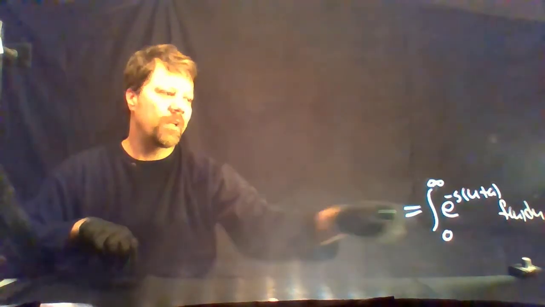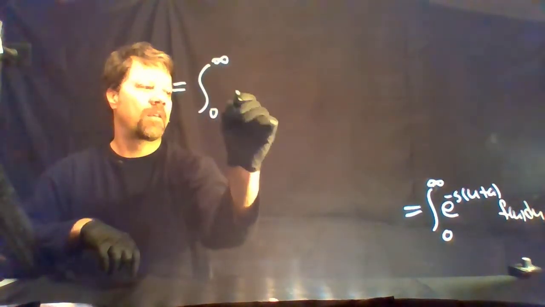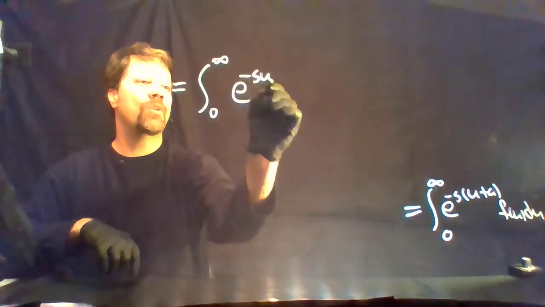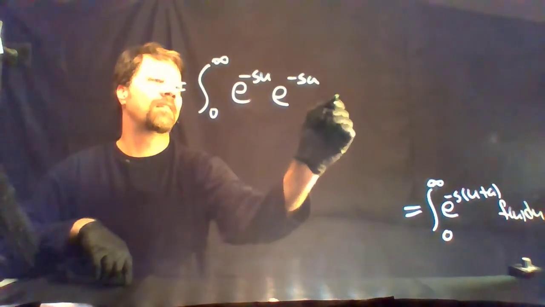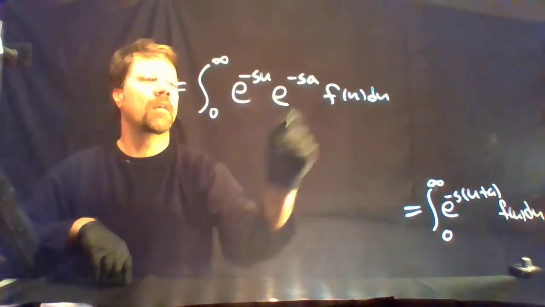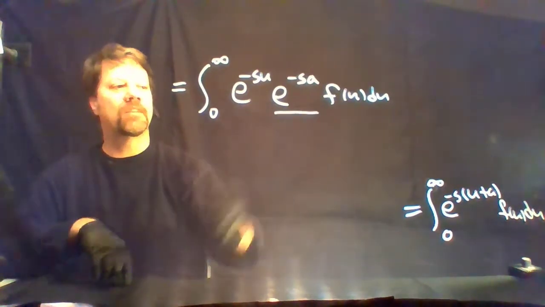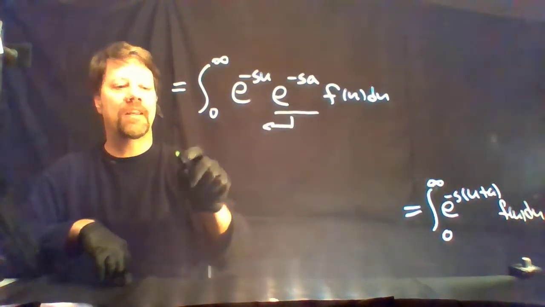Now, we're going to break up this exponential as e to the minus su, e to the minus sa, f of u du. Now, this factor does not depend upon u, so this can be brought out of the integral.